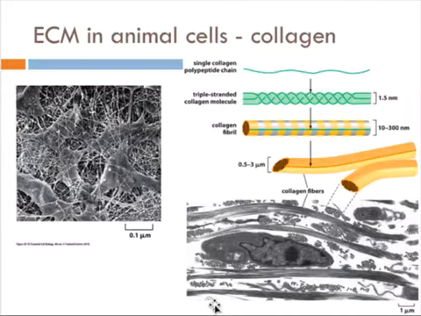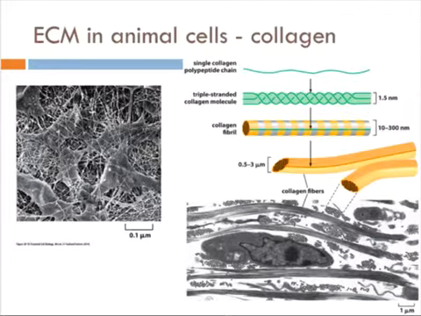So the thing with these collagen fibrils is that they will spontaneously form when you have these collagen molecules coming together. So the collagen molecules spontaneously aggregate to form the fibrils. We actually don't want that to happen in the cell.